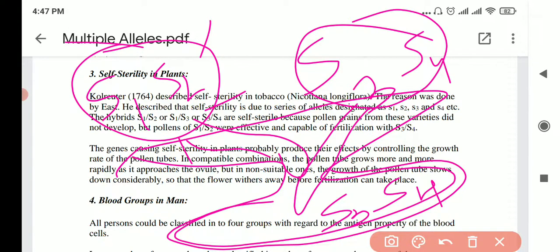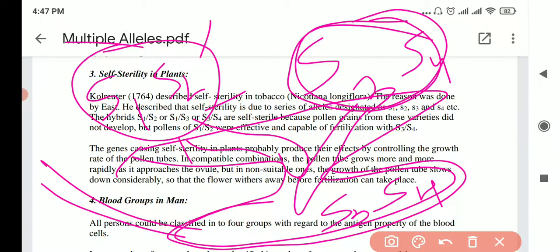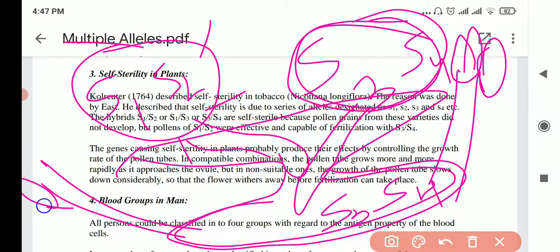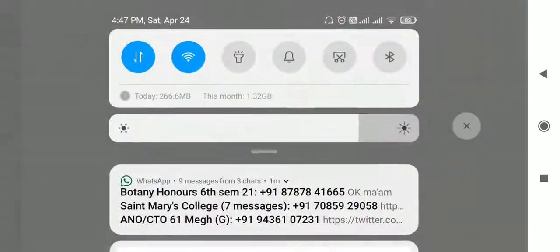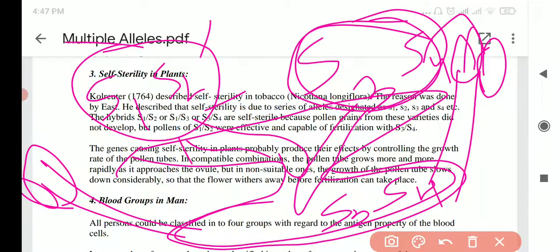Now, when the pollen of S3, S4 lands, meaning its own pollen, this is the androecium, and by chance this pollen fell on the style of its own gynoecium. Even if this pollen tube germinates, this ovary and ovule will reject the S3, S4 pollen tube.